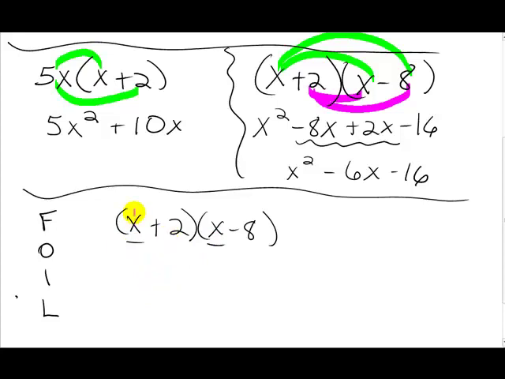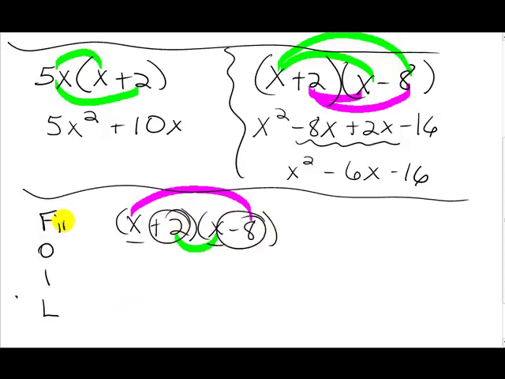And then we take what's on the outside of the whole thing and multiply it. And then we take what's on the inside of the whole thing and multiply it. And then we do what's last, here and here.